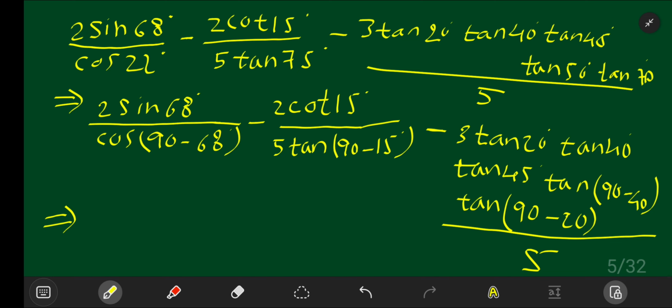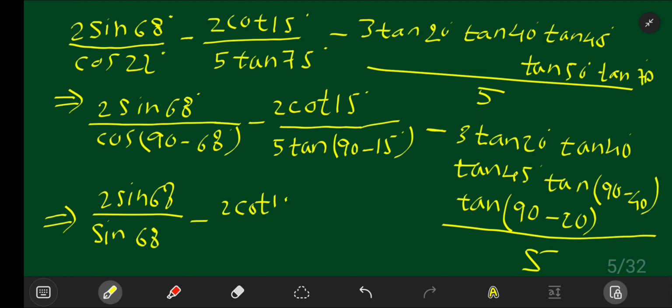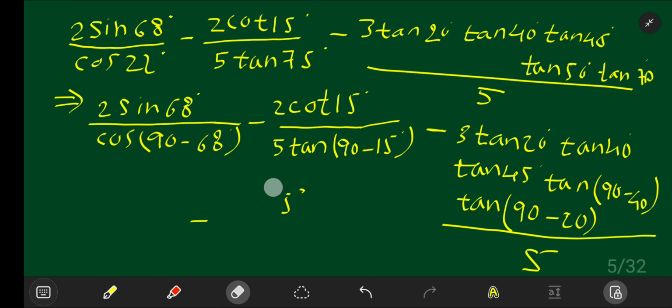Now, this is 2 sin 68 degrees divided by cos 90 minus theta, so cos is changed to sin 68, minus 2 cot 15 degrees divided by 5, tan is changed to cot, cot 15 degrees, minus 3.